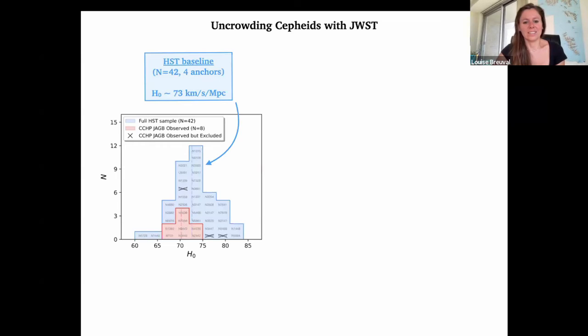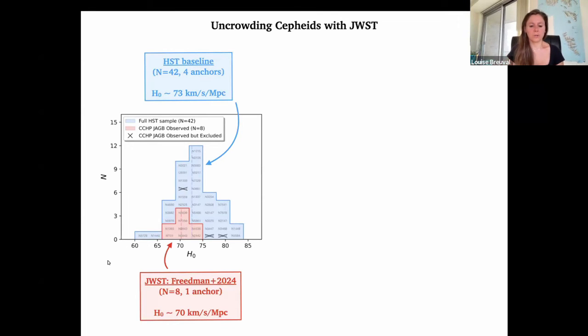All right. So I'm going to show again more histograms. So this was, again, in blue, the HST baseline, and in red is the sample used by Friedman 2024. They use one anchor, NGC 4258, so do we. And they obtain a Hubble constant of 70 kilometers per second per megaparsec.